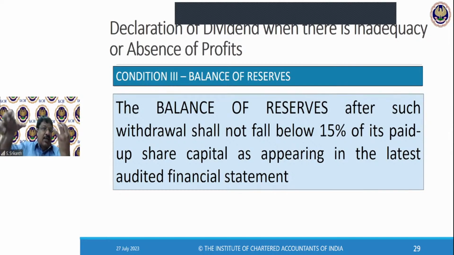Then you see what is the reserve remaining after the dividend is paid. After you remove the dividend, what is the amount? This balance of reserves should not be less than 15% of paid up share capital. This is the third condition. All the conditions are to be satisfied simultaneously.